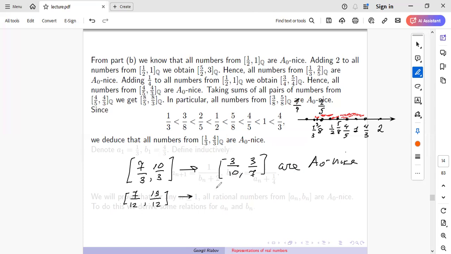Which will give us that all rational numbers from the segment 12 over 19 to 12 over 7 are A0 nice.